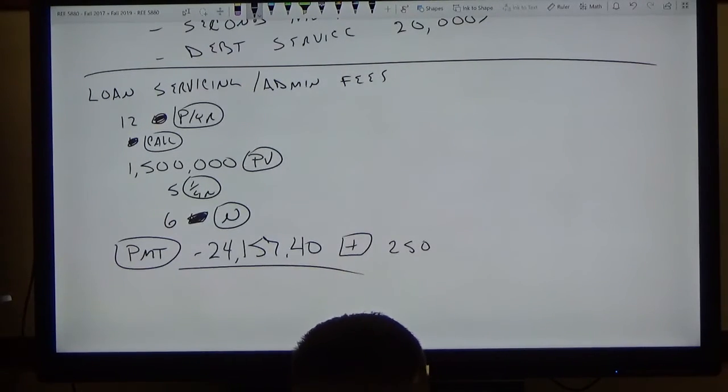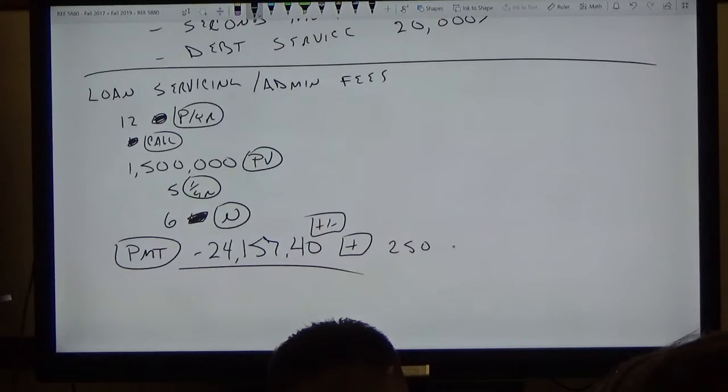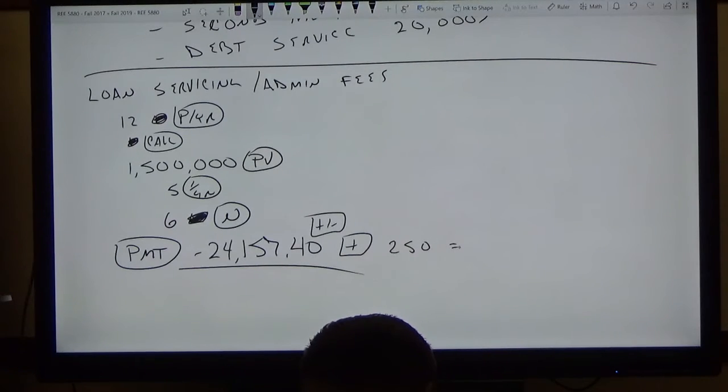We didn't change the sign, yep. So go ahead and do the change of sign. Then do plus 250, okay? Change the sign. Plus 250.